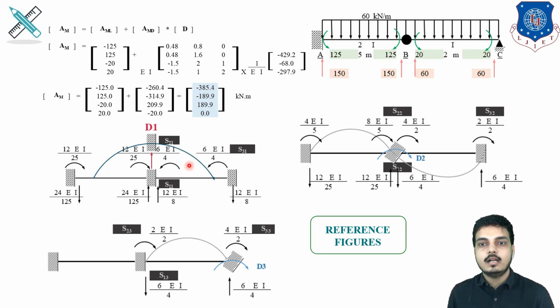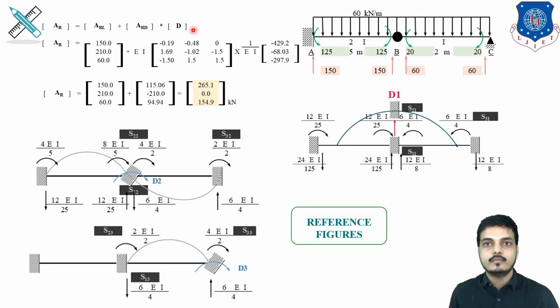Similarly, we will find out AR. AR is nothing but ARL plus ARD into D. So for AR, we will carry reactions. So 150, algebraic sum of this moment 210, 60 minus 24 by 125, negative, summation of this 1.69, negative 1.5.